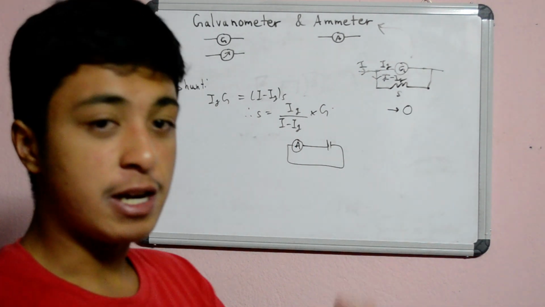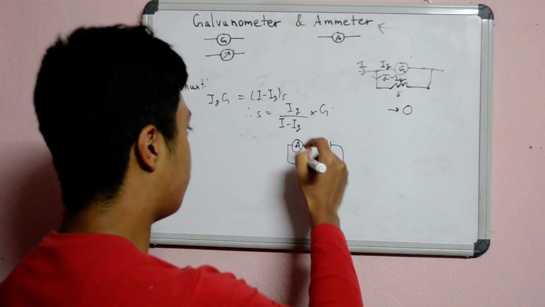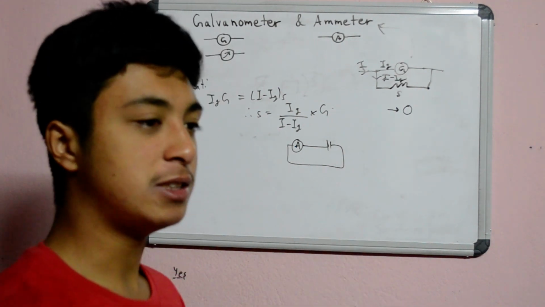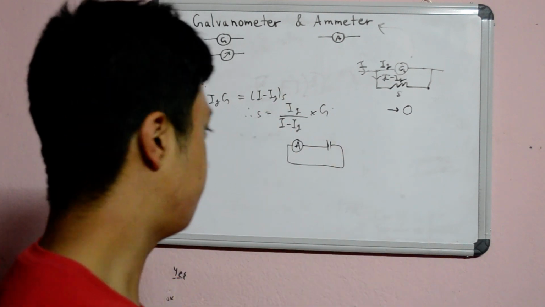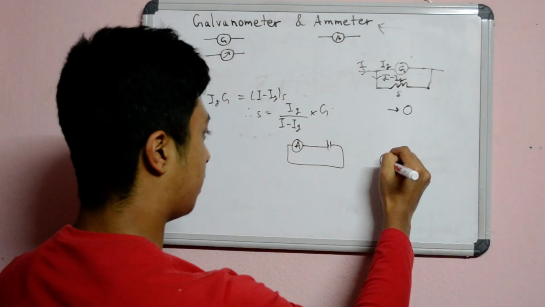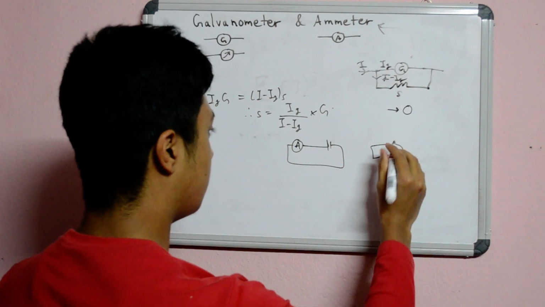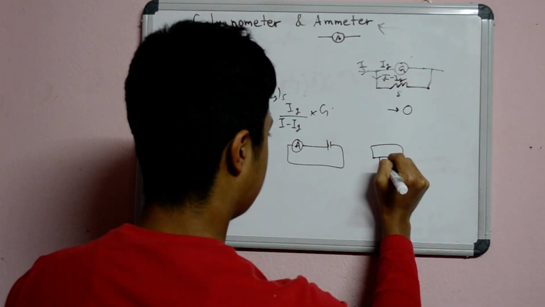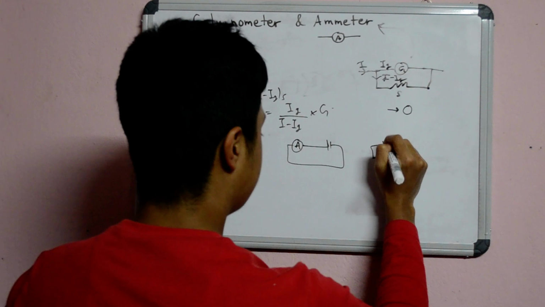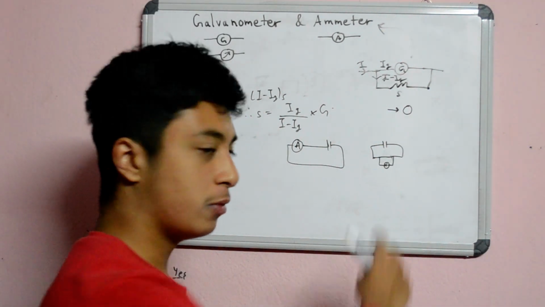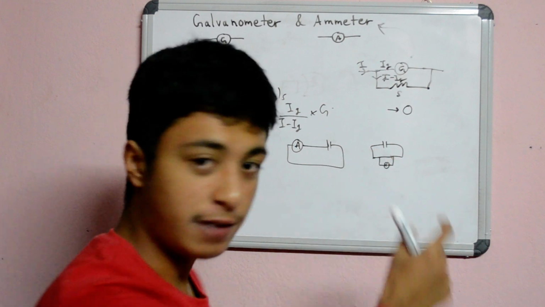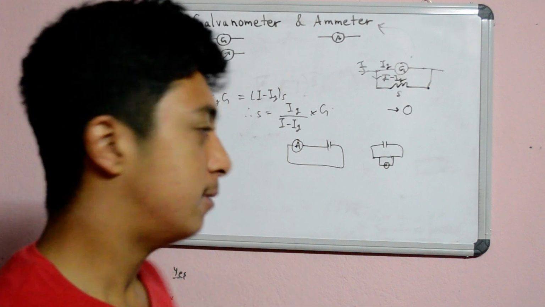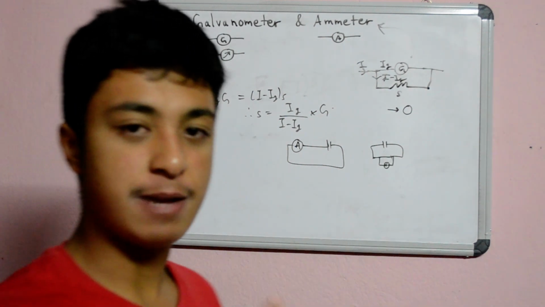And here, if it was connected in parallel, it would be the opposite case. Since it would read its own current, and in parallel the current is not the same, that means it only reads its own current, but not of the circuit. And also, if it was connected in parallel like this, since it's a very low resistance device, here there's a rule for series and parallel.